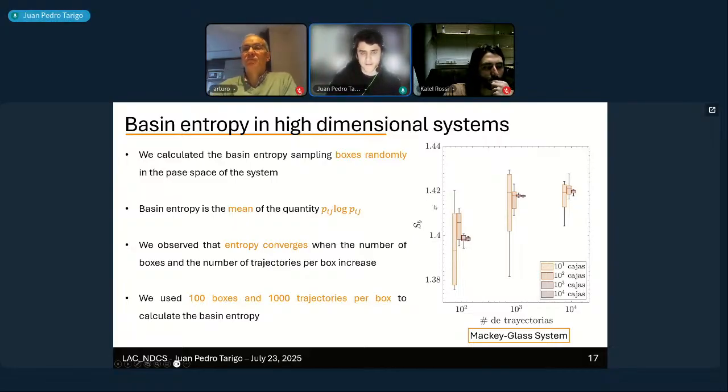And we see in the Mackey-Glass model that this value converges not only with the number of boxes that we take, but also the number of trajectories per box that we use to make the simulations. So then we can compute Bayesian stability and Bayesian entropy in the Mackey-Glass model.